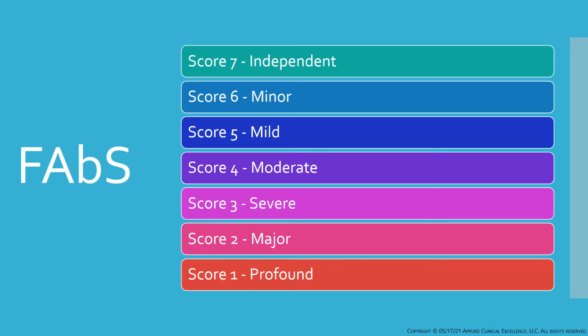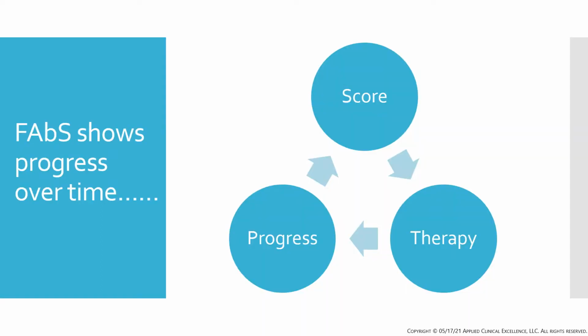In the FAbS model, the rating scale for each measured area ranges from the least functional, level 1, to the most independent function, level 7. Simply put, FAbS is a scoring system that shows a patient's progress and response to skilled intervention over time.